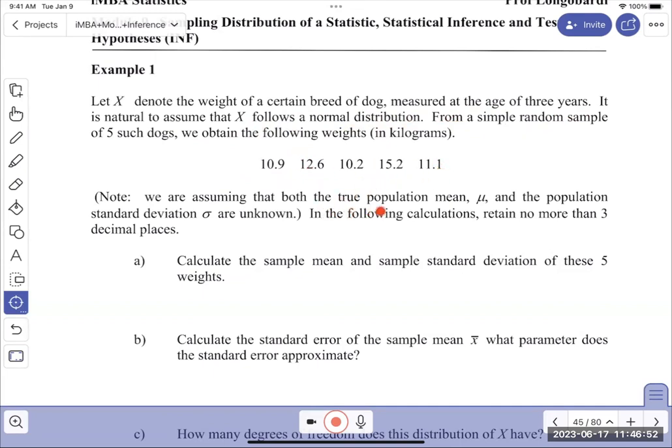We're going to assume that both the true population mean mu and the population standard deviation are unknown, okay? When that happens, I say retain no more than 3 decimal places. So I give you lots of details. Let's begin by calculating the sample mean and standard deviation of these 5 weights, and we'll do that with our calculator.